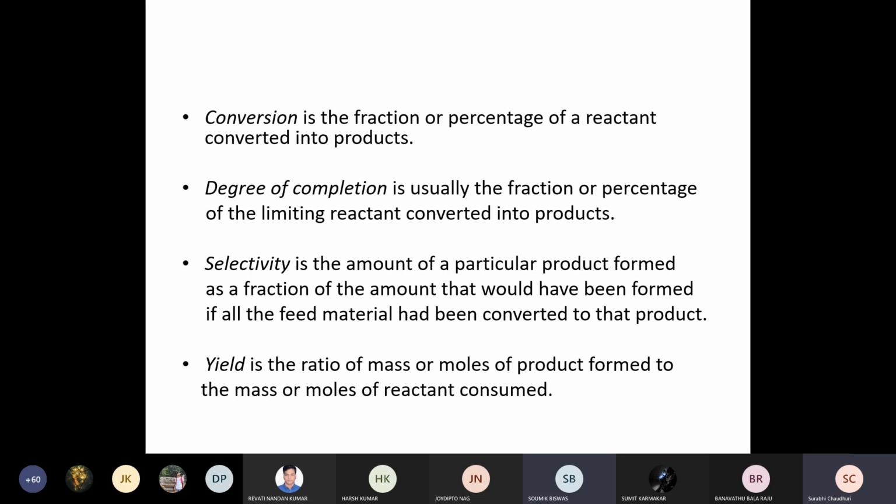Selectivity is the amount of a particular product formed as a fraction of the amount that would have been formed if all the feed material had been converted to that particular product. Okay, so that is selectivity. And then yield, the ratio of mass or mole of product formed to reactant consumed.